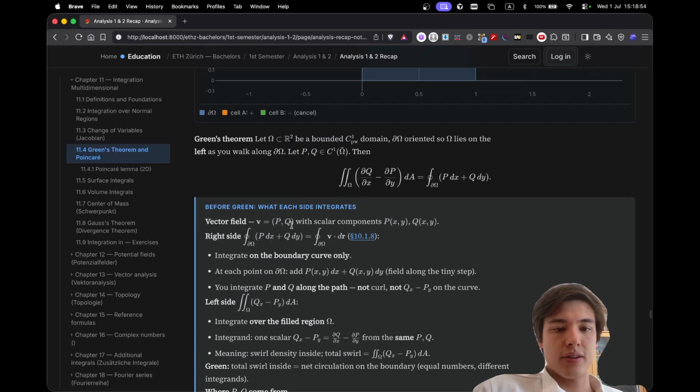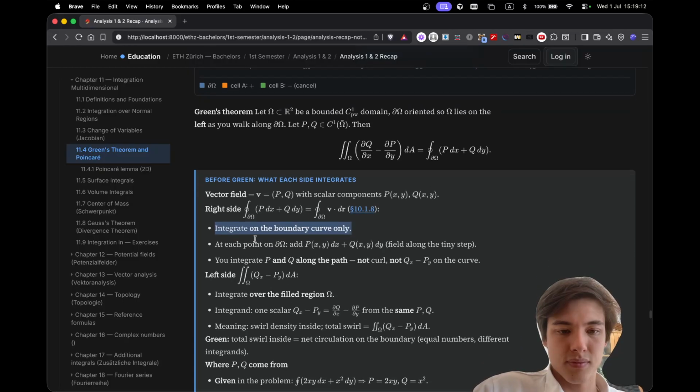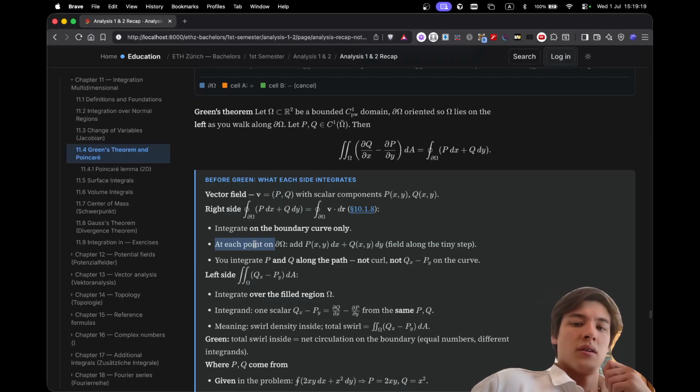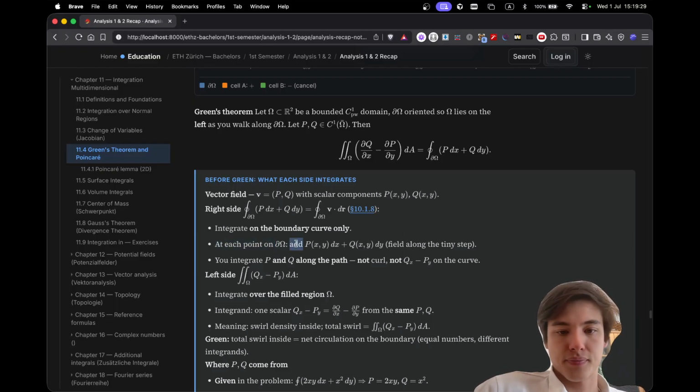So we have a vector field with components P and Q. So yeah, we have the curl. It's the same, it's what we saw.